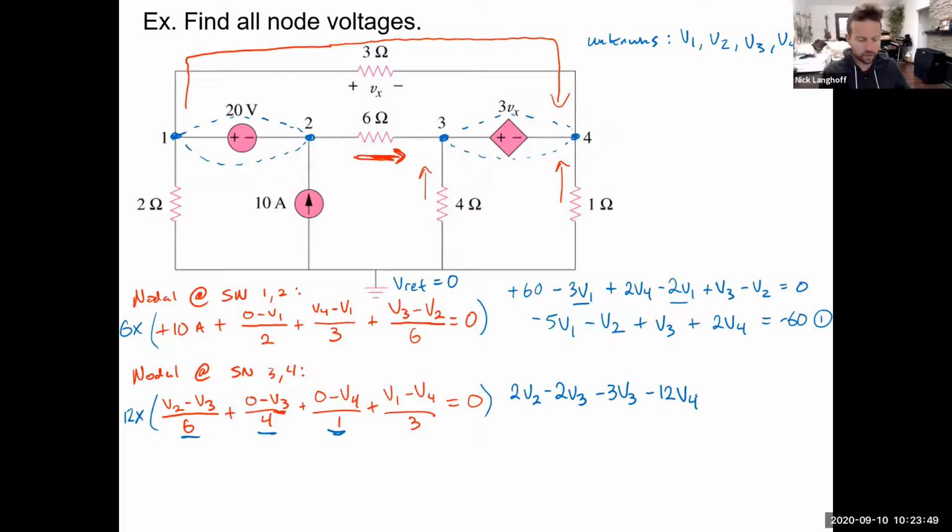And 12 over 3 is 4, so we get a plus 4V1 and a minus 4V4, all equal to 0.